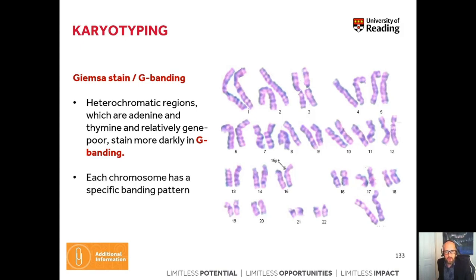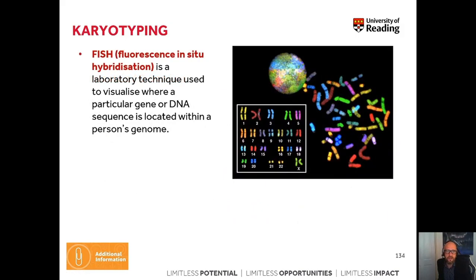And each chromosome, as I mentioned before, has a very specific banding pattern, and this makes identification of those chromosomes that are sometimes quite similar in size much easier. So we have those darker regions in the same places on the same chromosomes, whereas the lighter regions correspond as well.